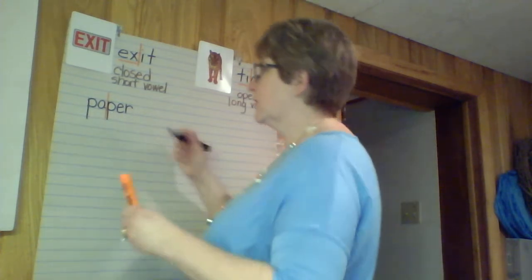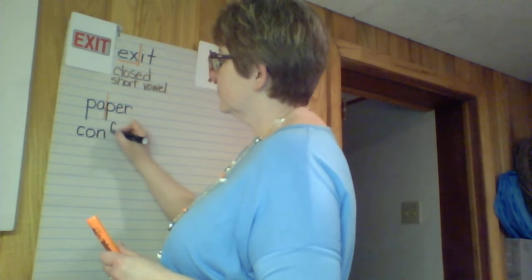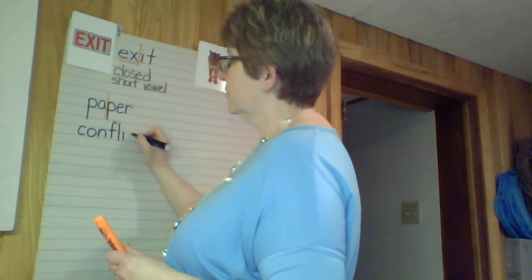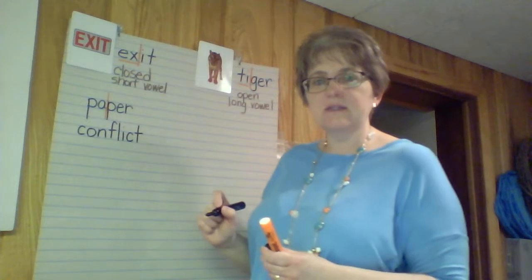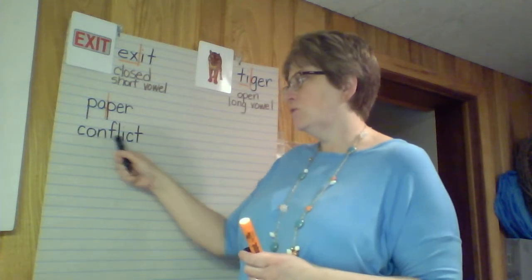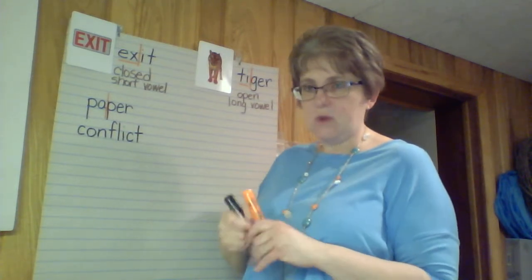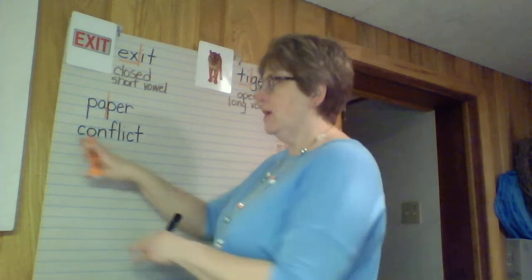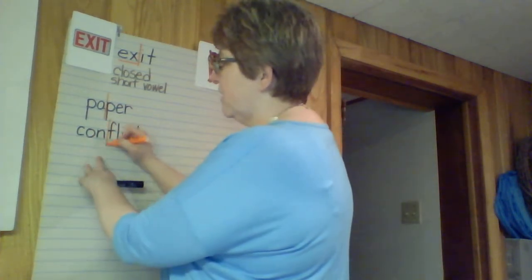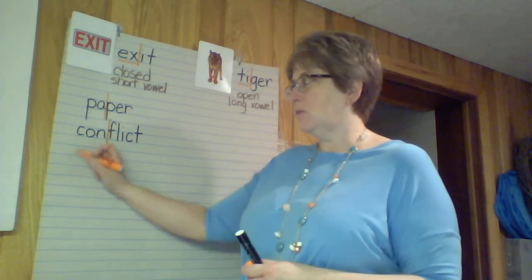Now let's look at this word. All right. I see that I have two vowels, but in the middle there are some consonants. So I'm going to divide this word between the N and the F. I know it's going to have two syllables.